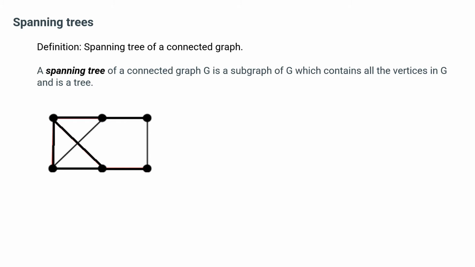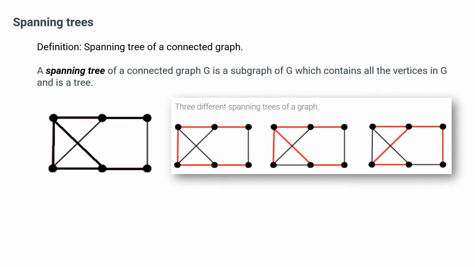So we're not talking about rooted trees now. We're kind of back to talking about the free trees. So here, if we look at this graph on the left, we could call that our graph G, and let's come up with some subgraphs of G that would contain all the vertices, but can still be considered trees and not have any cycles in there.